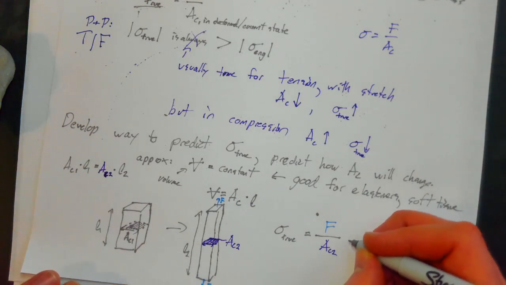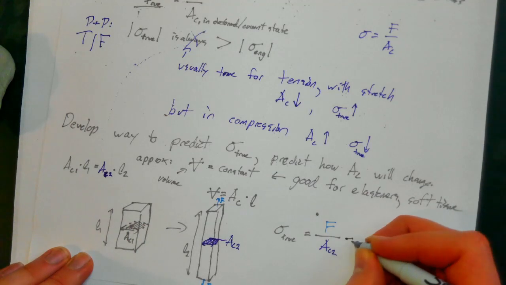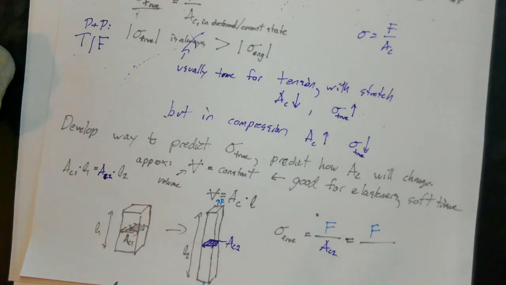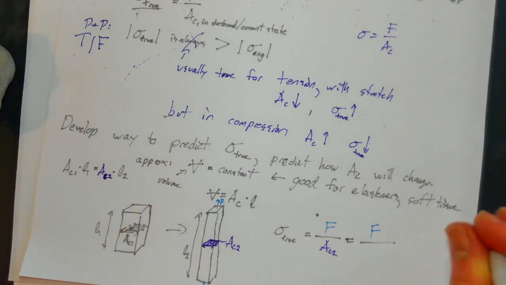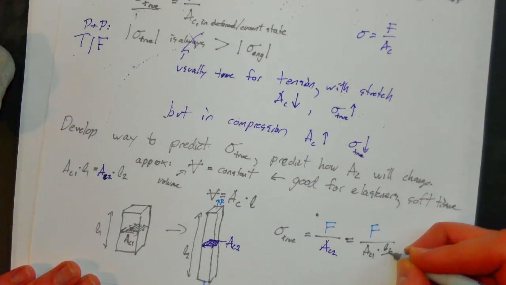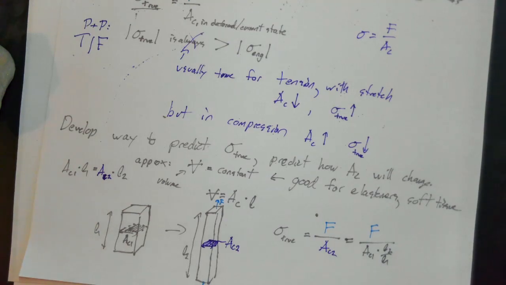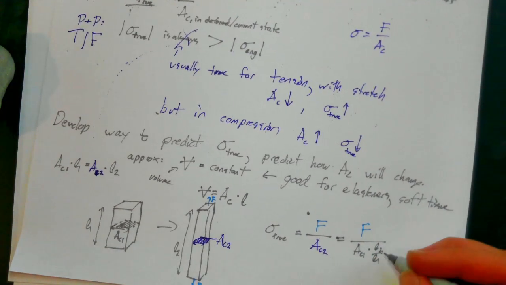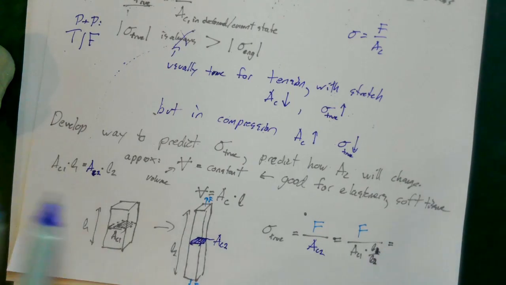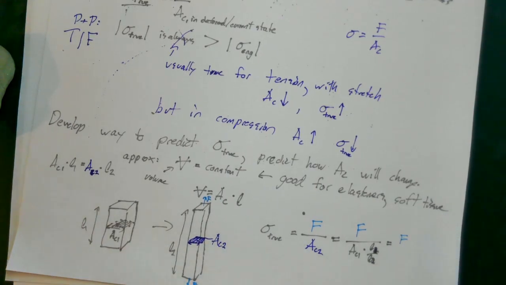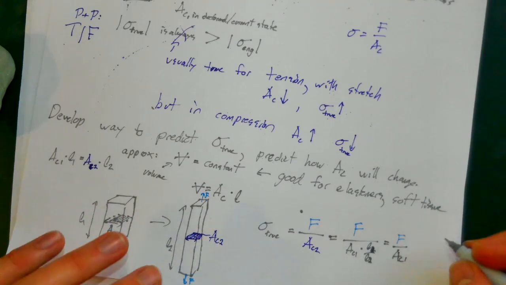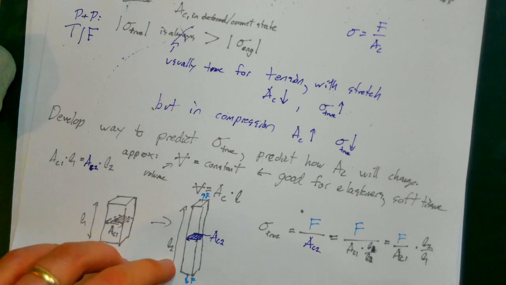So what does that look like? True stress is equal to force divided by AC1 times L1 over L2, which is equal to force divided by AC1 times L2 over L1.